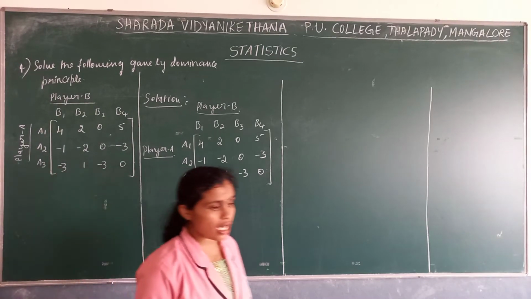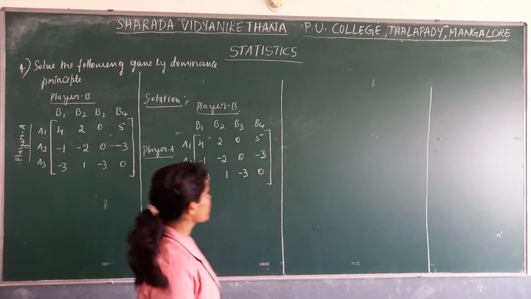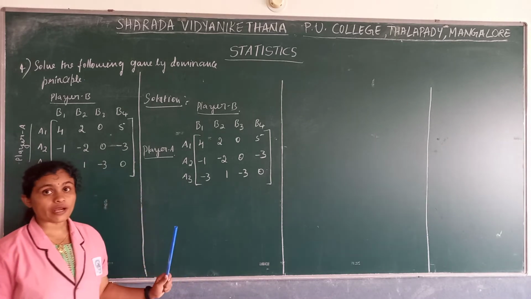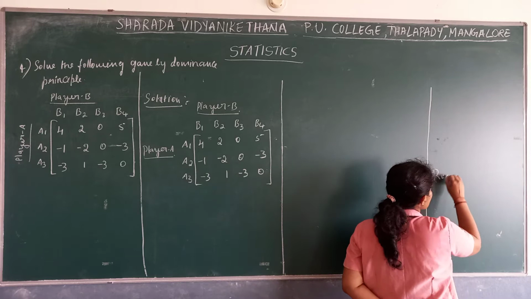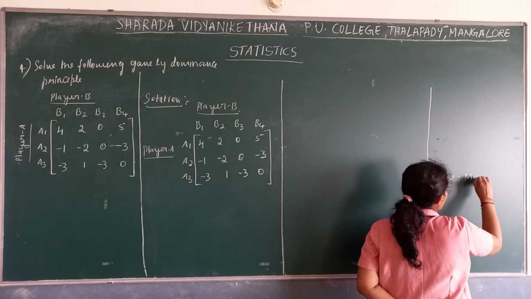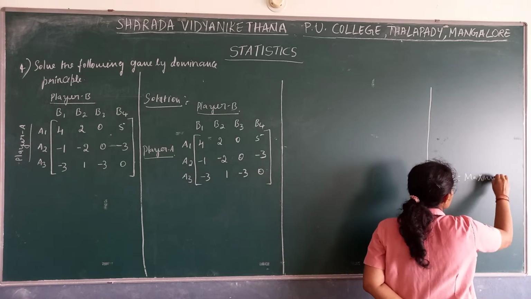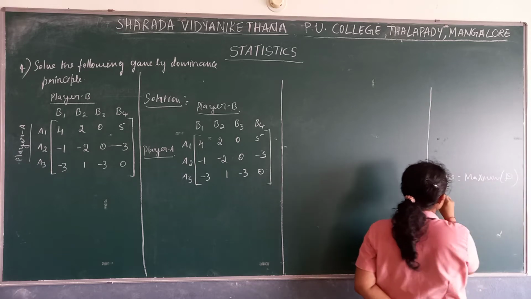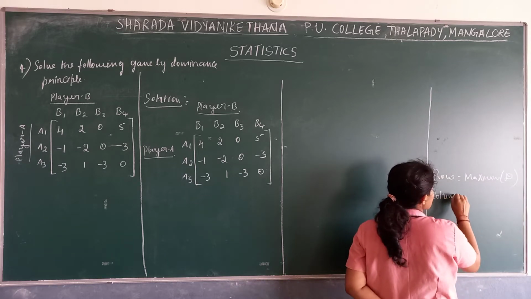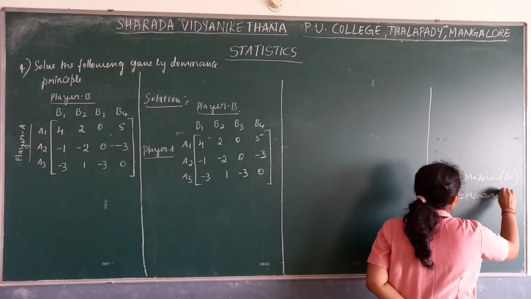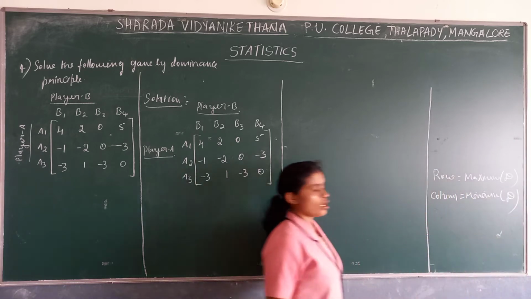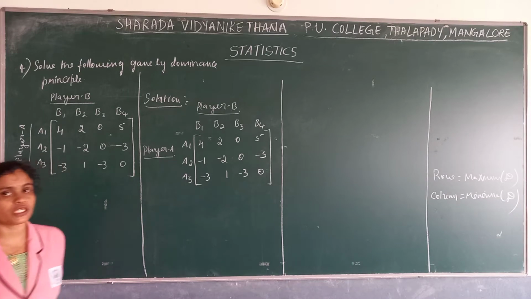Now start the comparison. What did I say? Row wise, we need to see which is the maximum. The maximum row is the dominating one. Column wise, the minimum column is the dominating one.